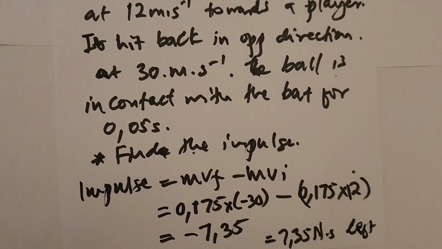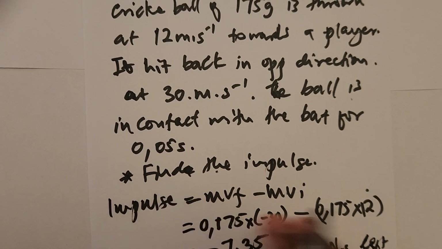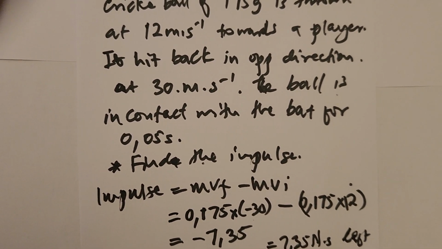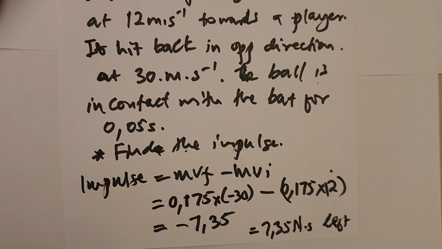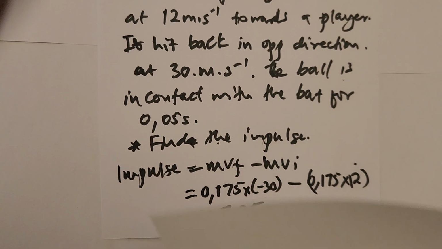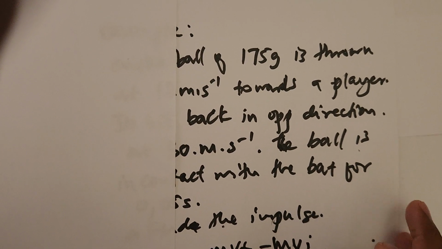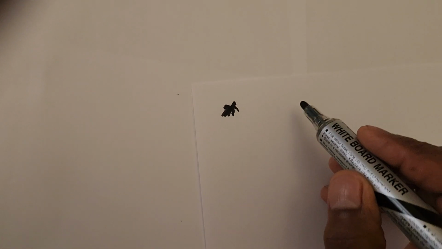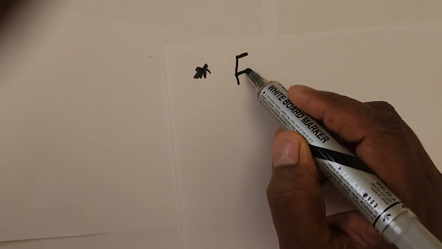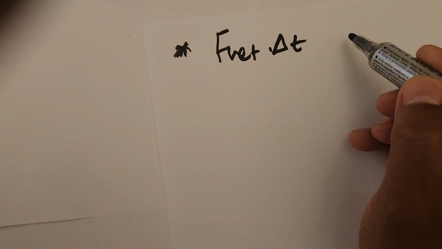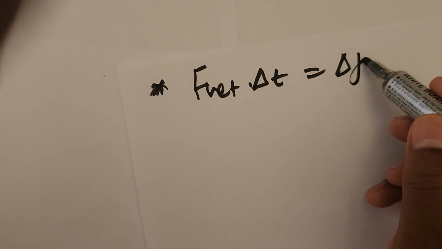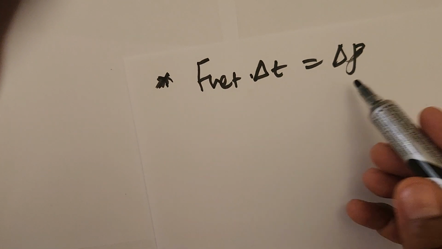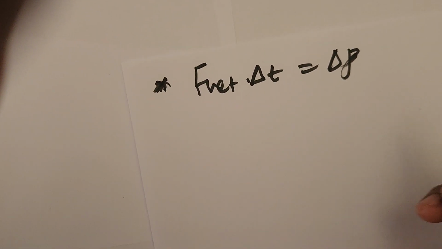I think that's how we calculate your impulse in this case. I hope it's understood. The next question asks: can we calculate the force exerted by the bat? Yes, with the given information, we can do that. Finding the force, we use the formula F net delta t equals delta P. Already we found the impulse, which is negative 7.35.